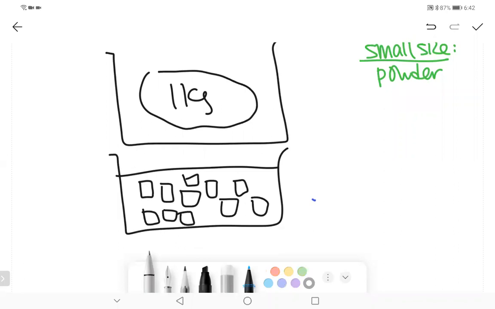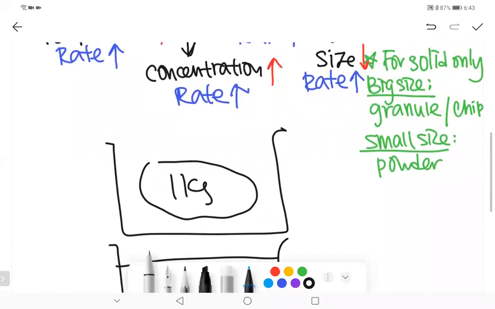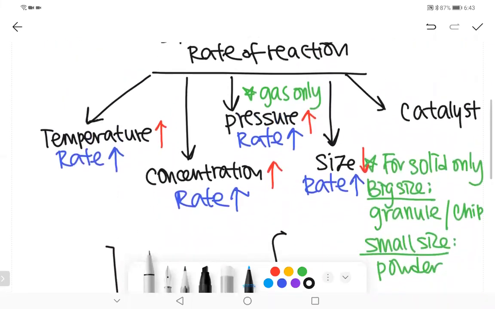You should know that if I cut the potato into smaller pieces, I need a shorter time to cook it. So it proves that the smaller the size, the faster the reaction.